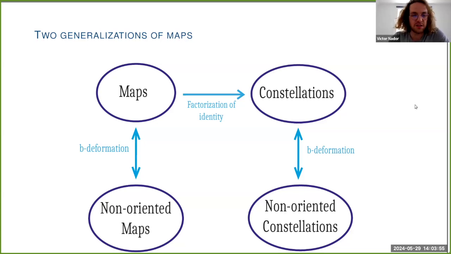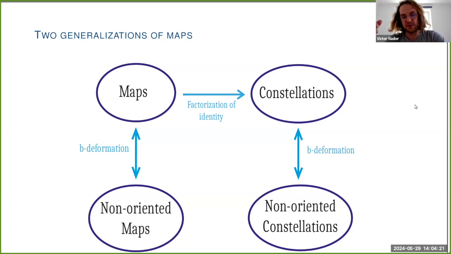And the second one is to go from maps to constellations, where here we adopt the algebraic point of view of maps, seeing them as factorizations in the symmetric group, and constellations have a similar description. We can then mix these two generalizations, and then we get the object that interests us today.